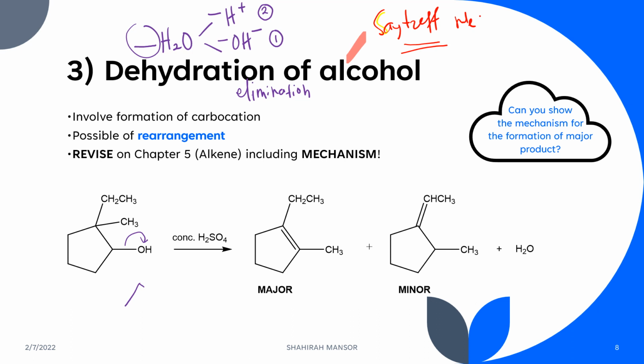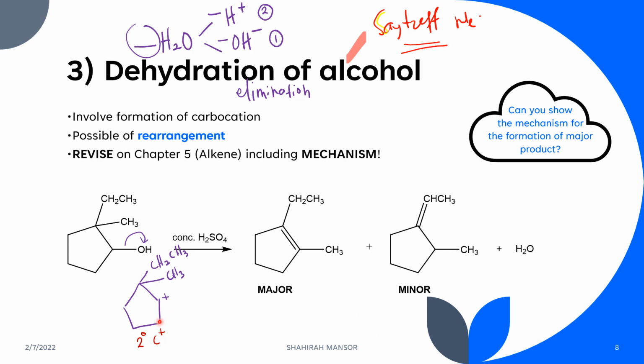So by doing this, awak akan dapat this reaction intermediate iaitu carbocation. And the carbocation will be here. Okay, classify this carbocation. So definitely this C plus bonded kepada dua carbon atoms yang lain, maka dia adalah secondary carbocation. Okay, once dapat secondary carbocation sahaja, check carbon jiran atas dan bawah.